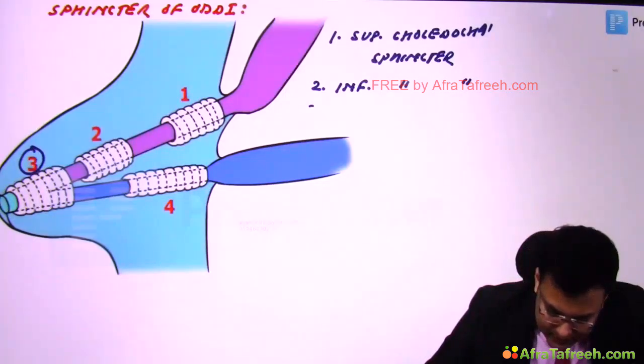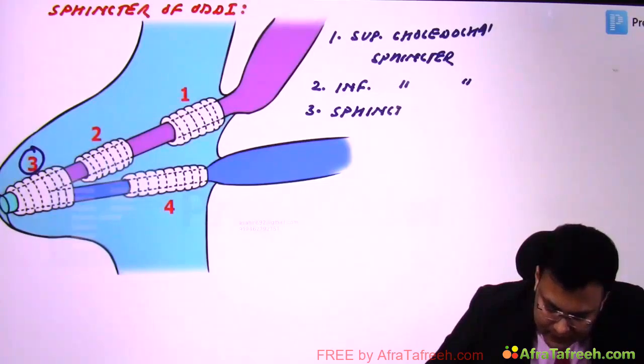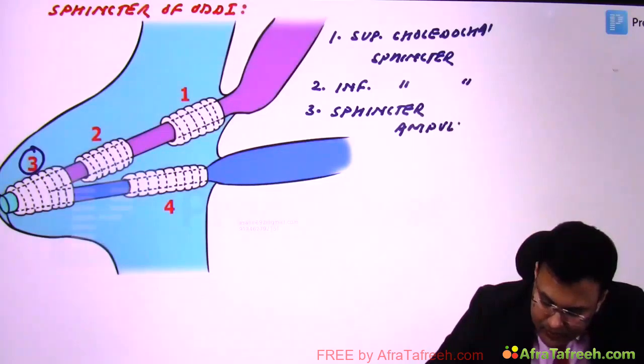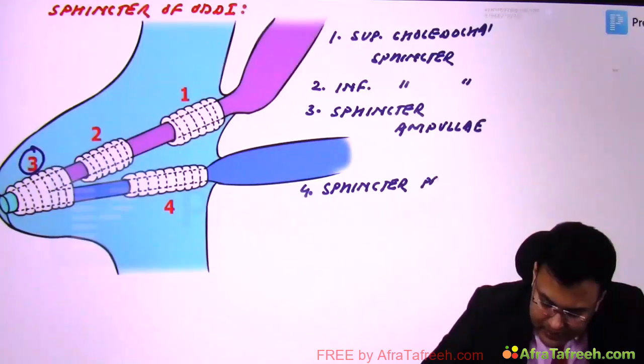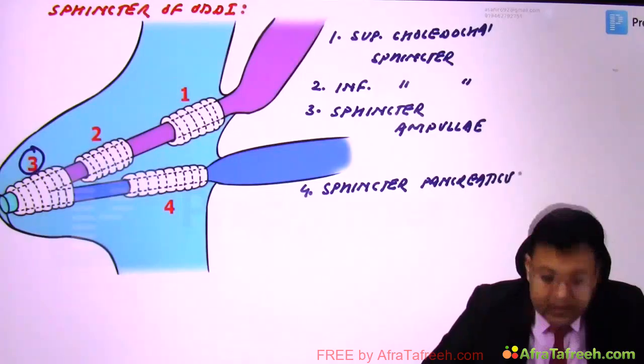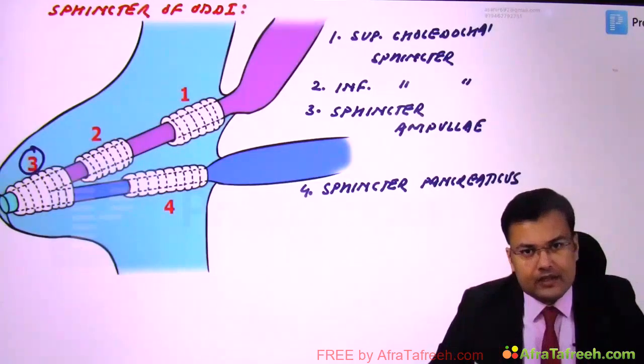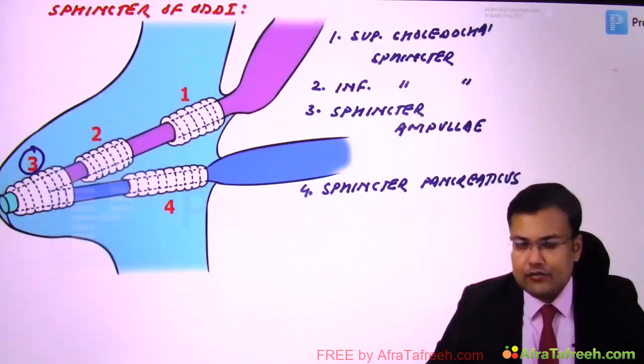So there are 4 sphincters in relation to sphincter of Oddi complex.